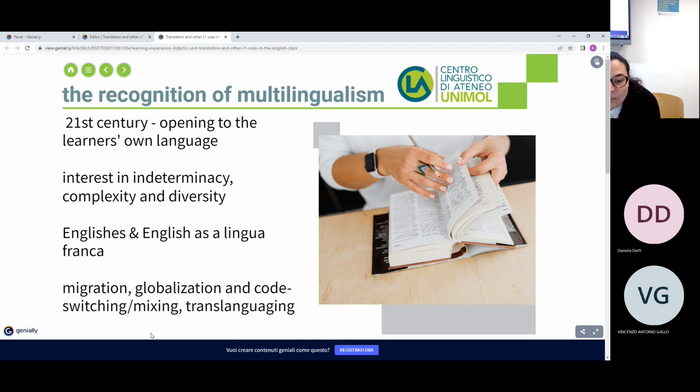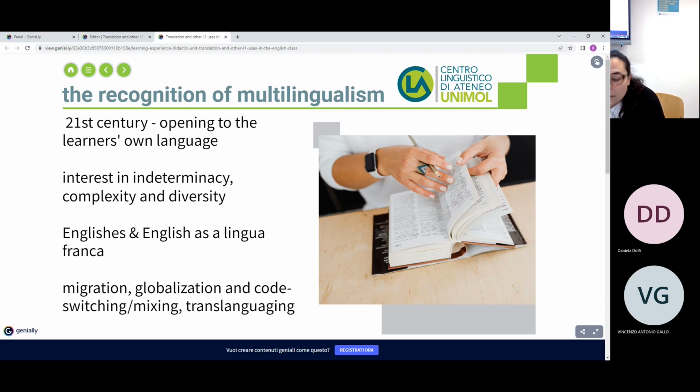Now, the gradual opening to the learner's own language use in class is also due to very small things such as globalization and migration. So as you can imagine, the more languages are spoken in the same place, the more ubiquitous and necessary code switching, translation, and interpretation come into play and are necessary to communicate.